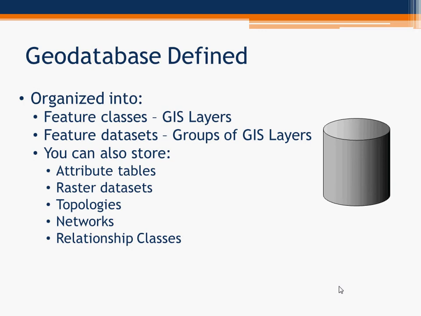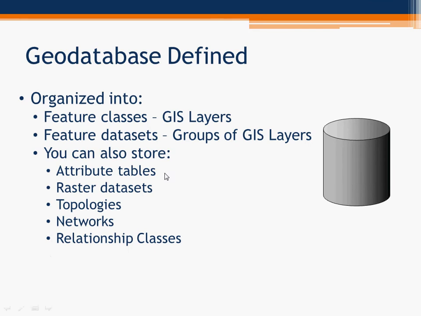But you also put your GIS layers into feature data sets because you may be modeling some sort of behavior. And that's some of the stuff that I've mentioned here towards the bottom, where we talk about topologies, networks, relationship classes, behavior that you can model in to protect the integrity of the data within your geodatabase. And I'll talk a little bit more of that a little bit later.